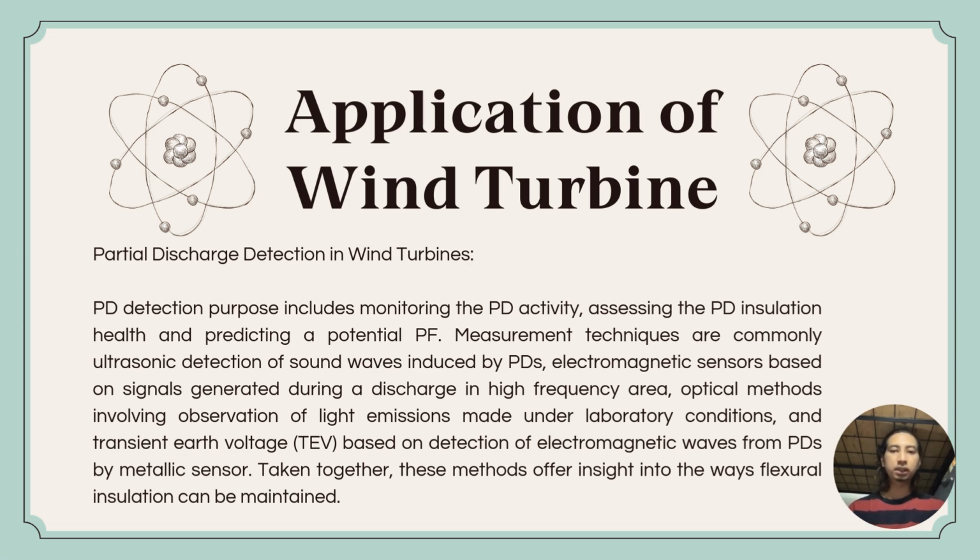Measurement techniques are commonly ultrasonic detection of sound waves induced by partial discharge, electromagnetic sensors based on signals generated during a discharge in the high frequency area, optical methods involving observation of light emission made under laboratory conditions, and transient earth voltage (TEV) based on detection of electromagnetic waves from partial discharge by a metallic sensor. Taken together, these methods offer insight into the way insulation can be maintained.